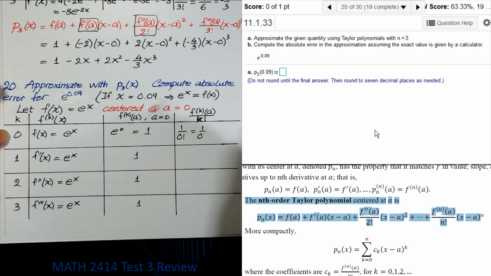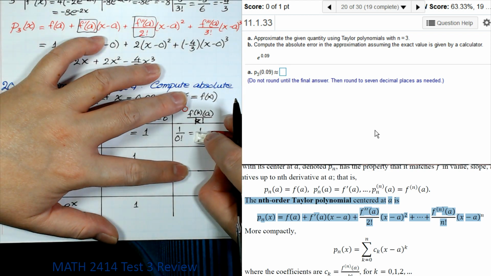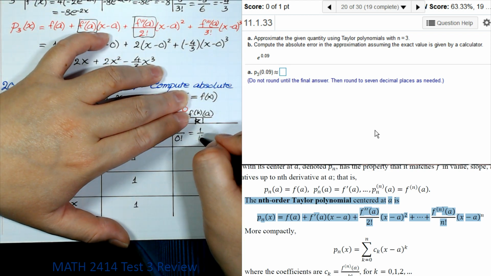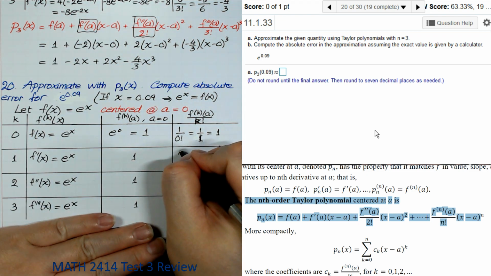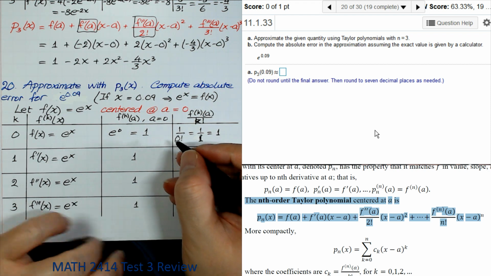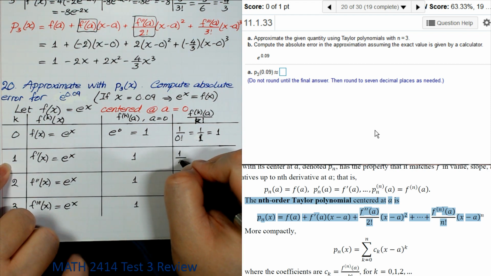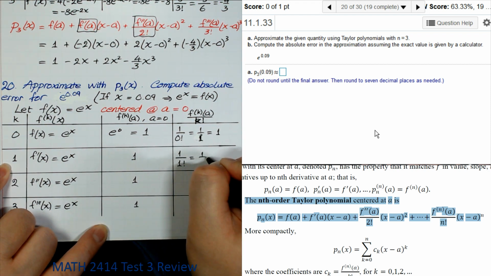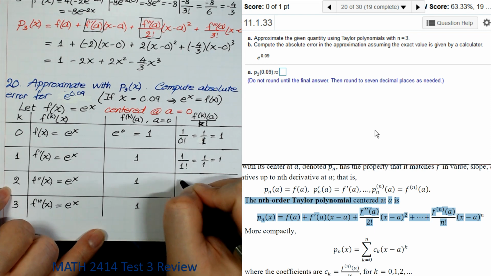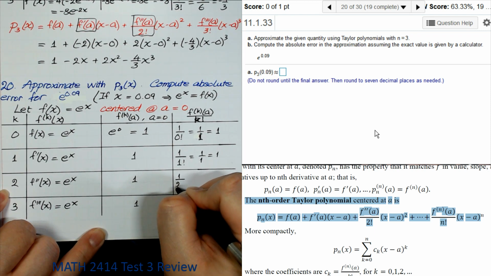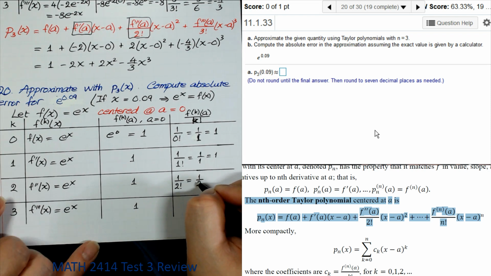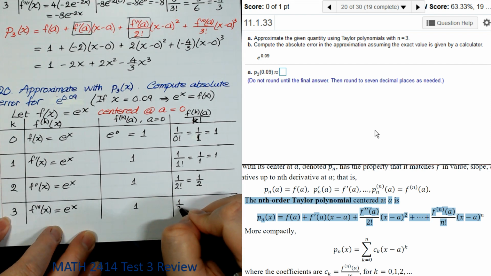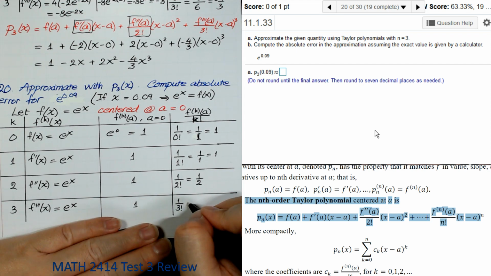0 factorial is 1. One divided by 1 is 1. 1 over 1 factorial. 1 over 2 factorial. 1 over 3 factorial.